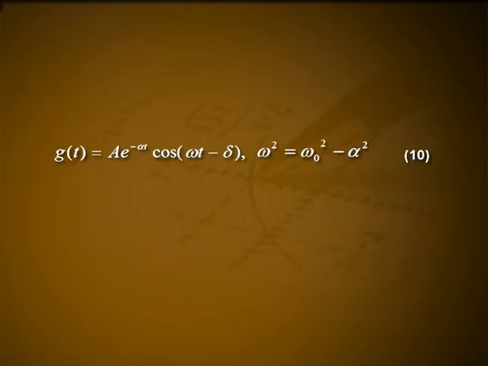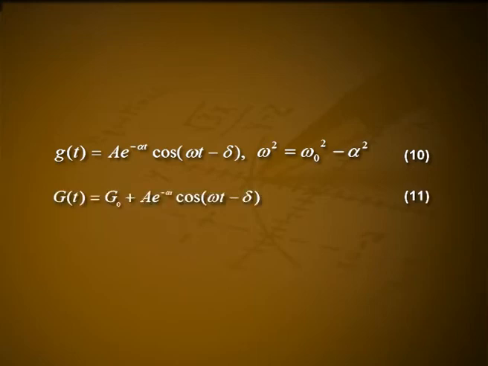If alpha square minus omega naught square is less than 0, then the characteristic equation of equation 9 has complex roots. It is easily verified in this case that every solution g of t of equation 9 is of the form g of t is equal to a into e raised to minus alpha t into cos omega t minus delta, and omega square is equal to omega naught square minus alpha square.